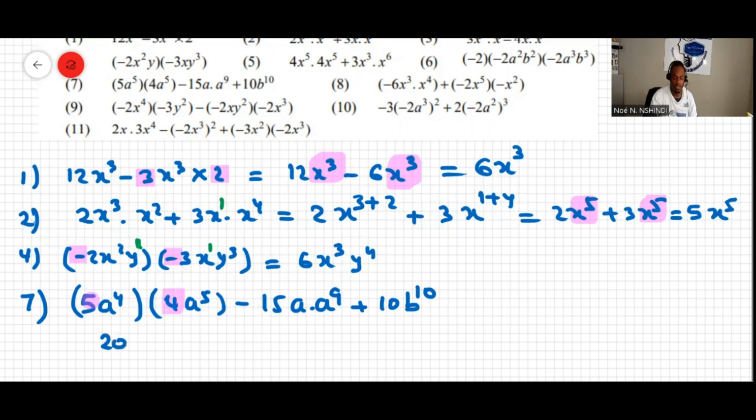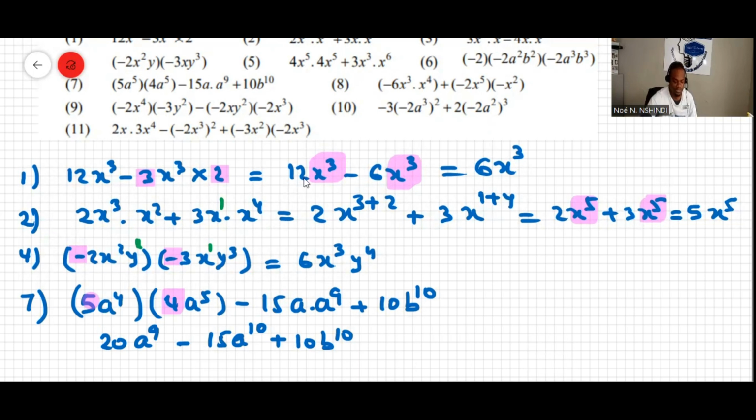Okay. And then a to the 4 and a to the 5 will make a to the power of 9 minus, over on this side we do 15 times, no, we cannot times because it's another term. That's 15. Okay, a to the 10 plus 10 b to the 10.